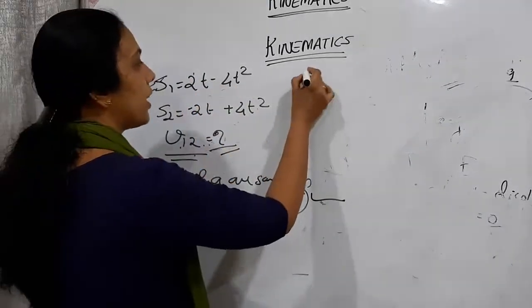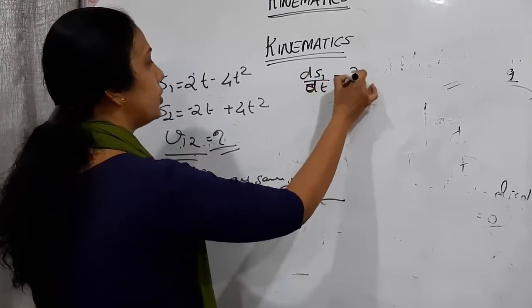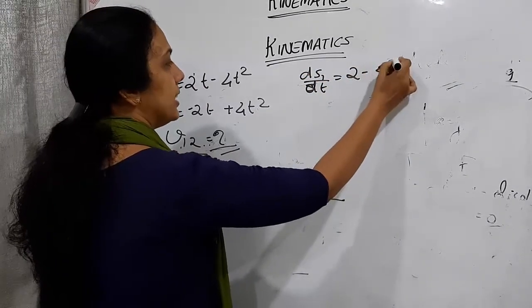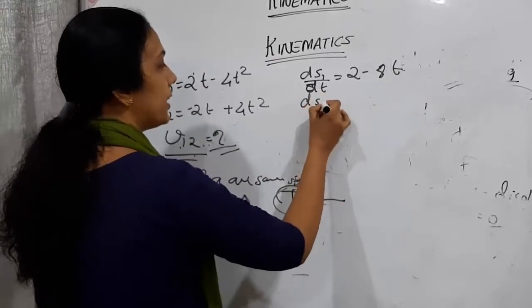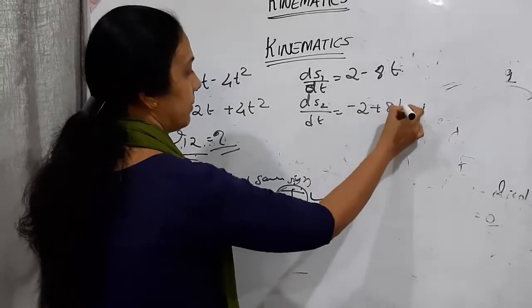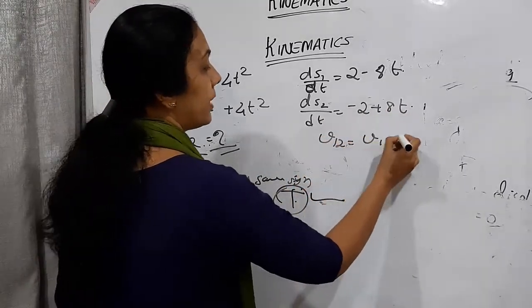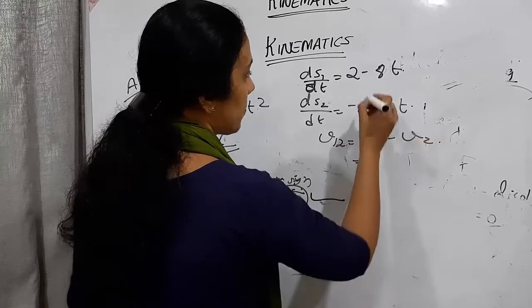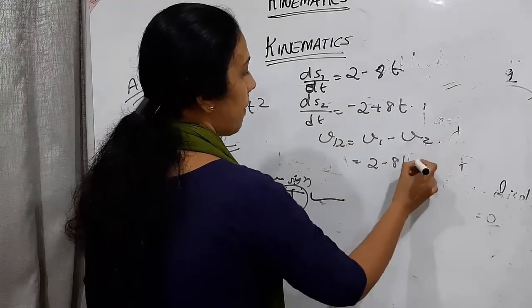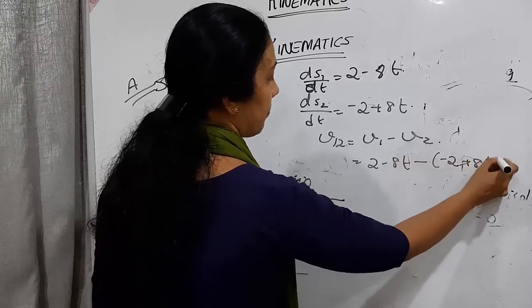First we can find out the velocity in the first case, ds1 by dt, that is 2 minus 8t. ds2 by dt, that is minus 2 plus 8t. Now V12 equals V1 minus V2, which is 2 minus 8t minus of minus 2 plus 8t.